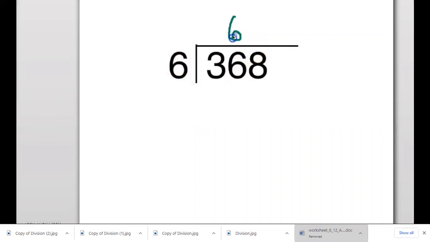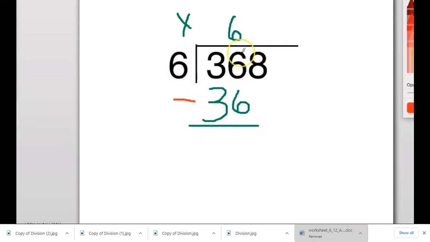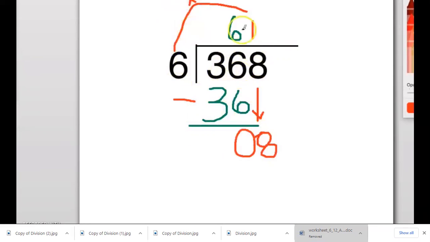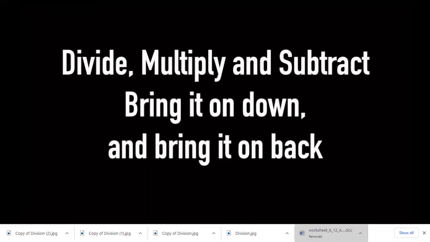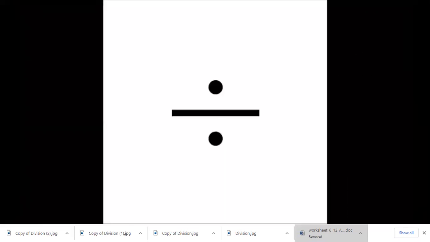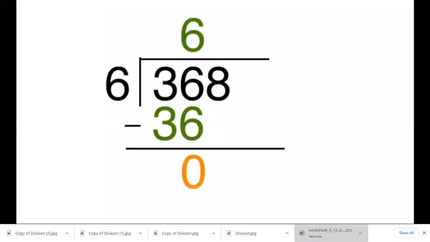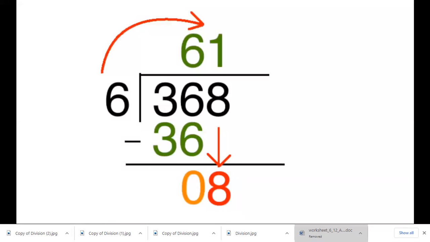First divide these two numbers. Then multiply 6 times 6. Subtract 36 minus 36. Divide, multiply, and subtract. Bring it on down and bring it on back.